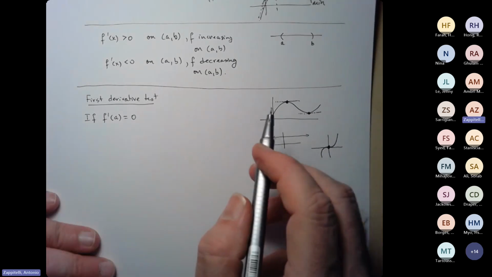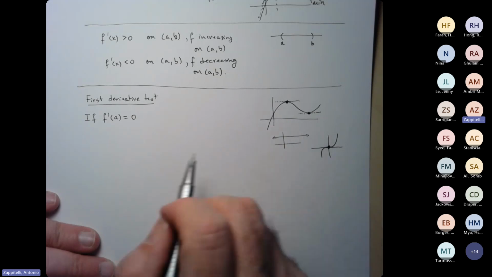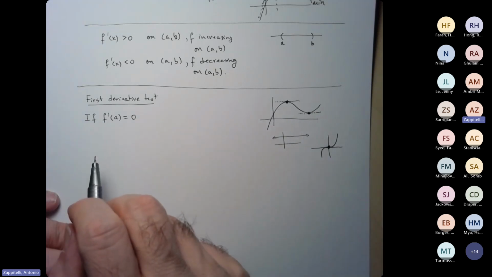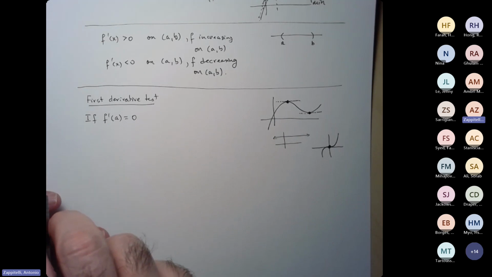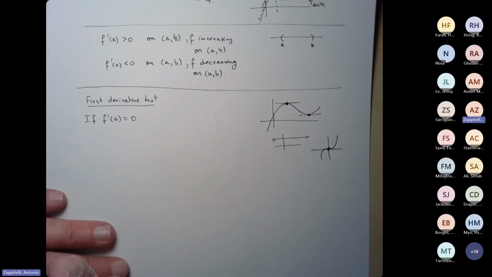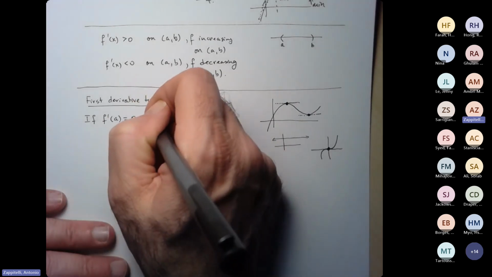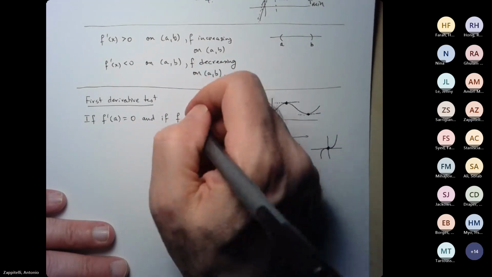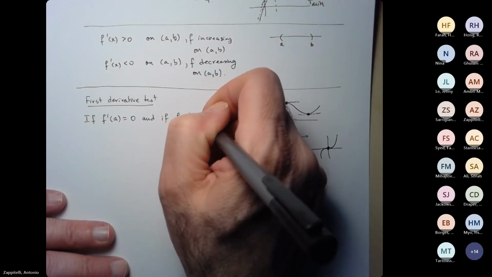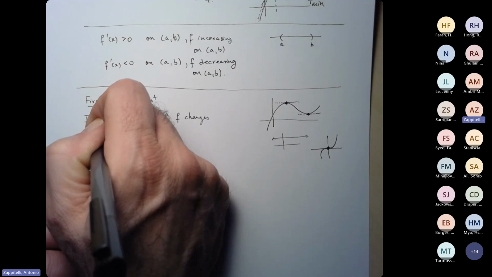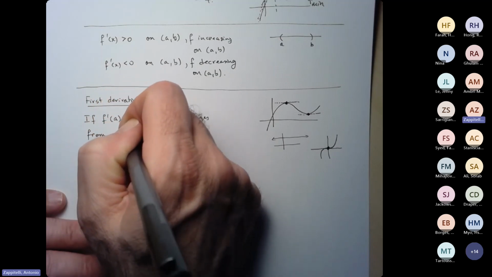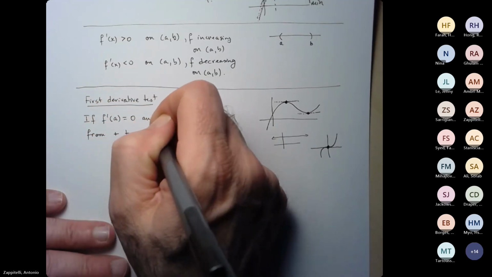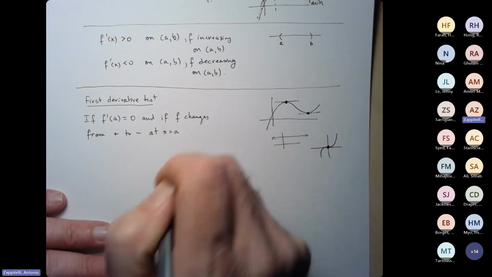We know that that's where we're going to look for our local extrema, okay? But something else has to happen in order for there to be, let's say, a local maximum. So if the derivative changes from positive to negative at x equals a.